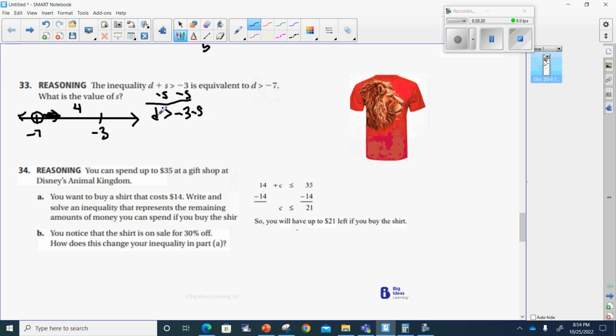Now I'm going to replace D with the number -7, because we're trying to find out what S is. -3 minus S is greater than, let's see here, -7.